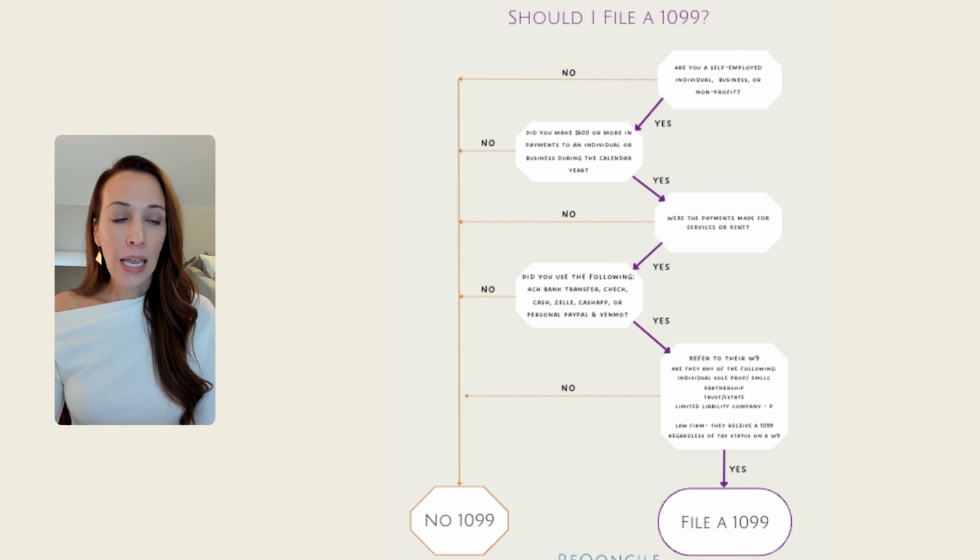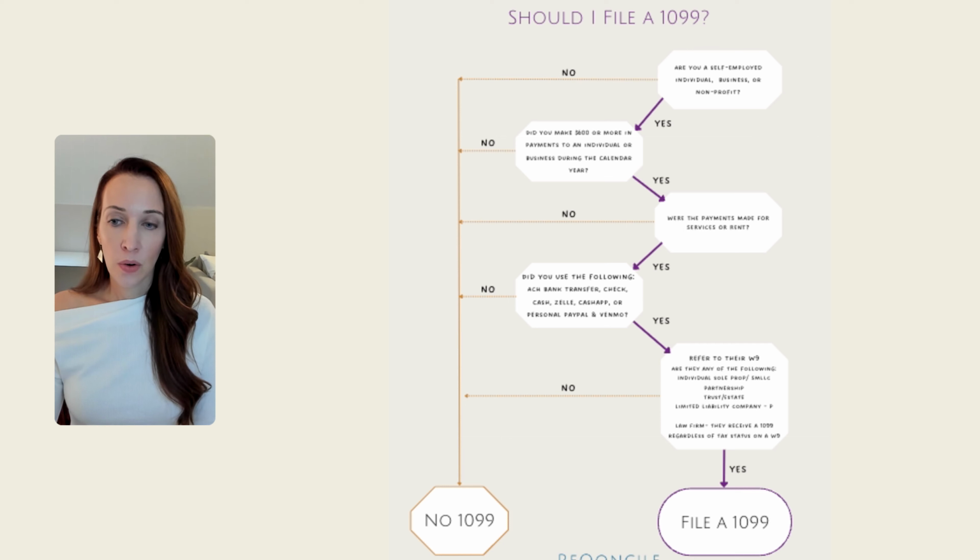So basically, any payments that are running through a payment processor, debit card, credit card, business PayPal, or any other payment processor, they will be sending out the 1099 instead. And so you don't need to. So again, anything ACH, bank transfer, check, cash, Zelle, Cash App, personal Venmo, or PayPal all would require a 1099 to your contractor or whomever you paid rent to.